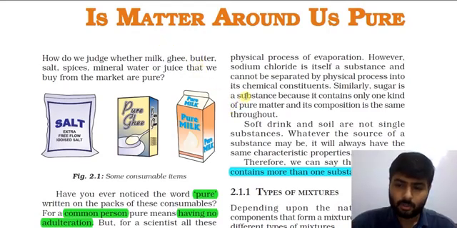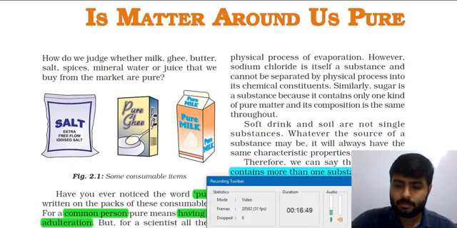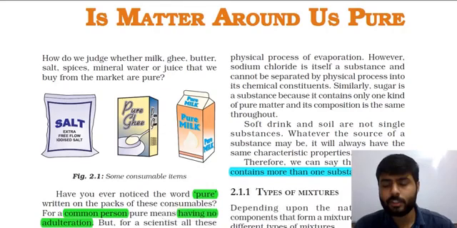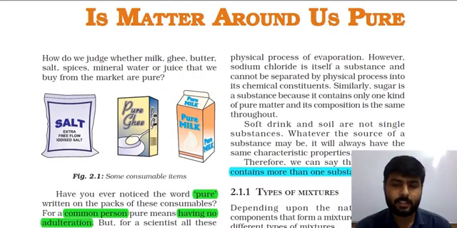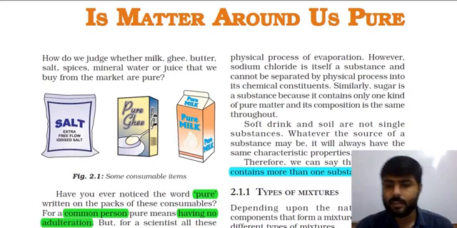Soft drinks and soil are not single substances, which means we can separate them with a physical process, and the composition is not the same throughout.